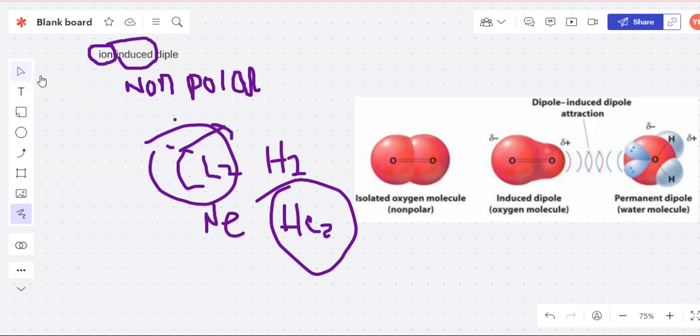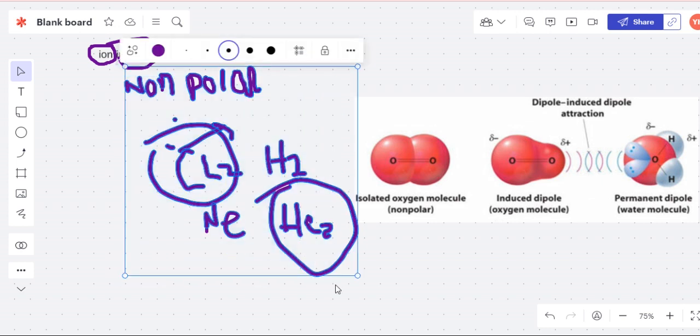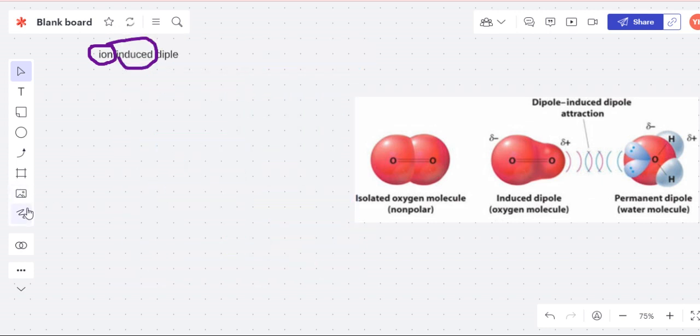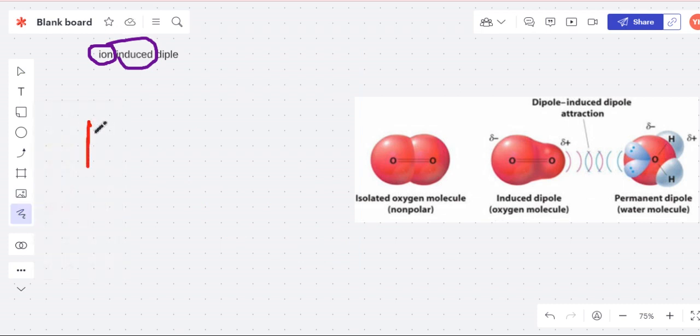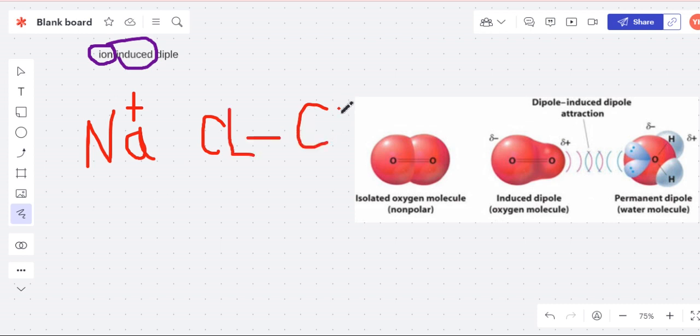What is ion-induced dipole? Let's take an example of a sodium ion, Na, which has a positive charge. And then we have chlorine, a diatomic molecule, Cl2. We know that the electronegativity difference is 0, so it is non-polar in nature.